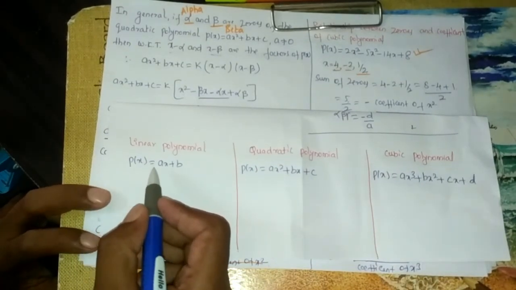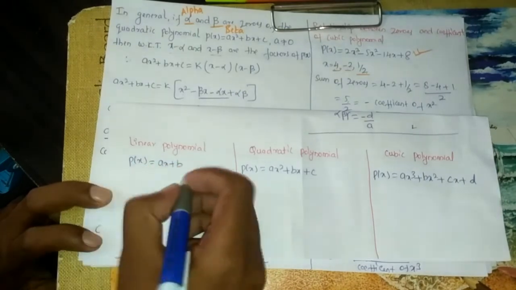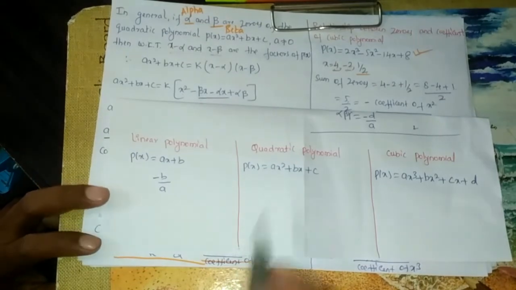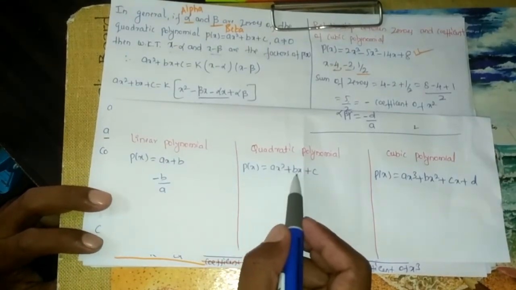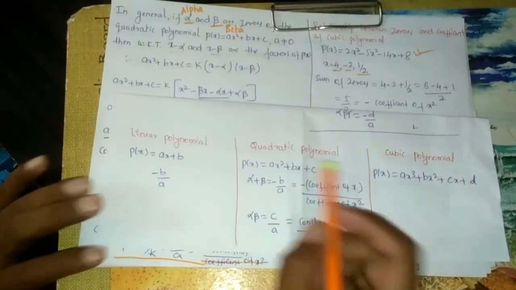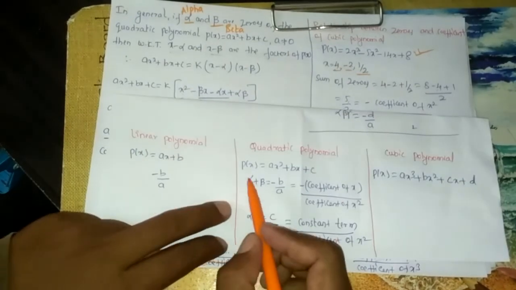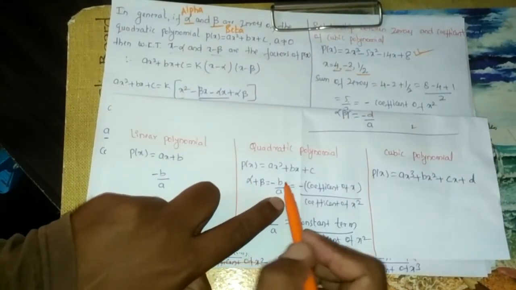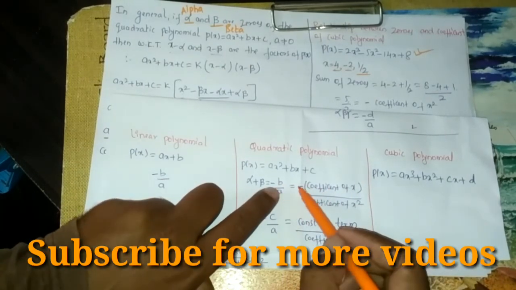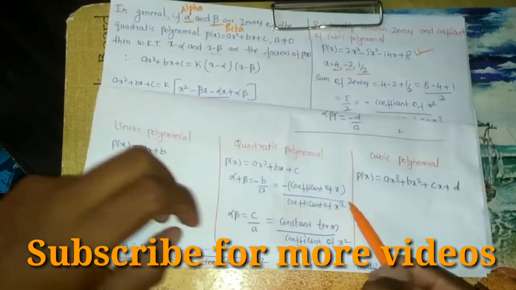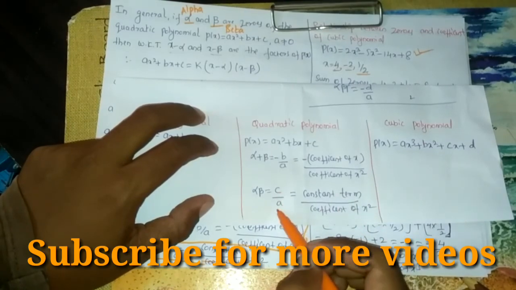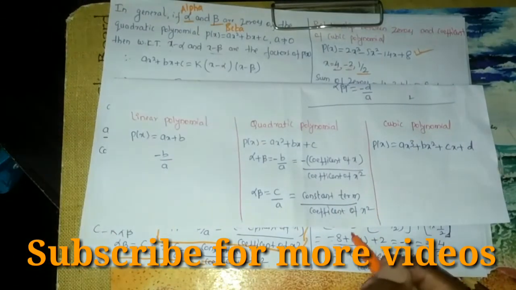For linear polynomial, we got minus b by a, and for quadratic polynomial, p of x equals ax square plus bx plus c, the sum of zeros is minus b by a, where b is coefficient of x, minus coefficient of x, and a is coefficient of x square, and product of zeros is given by c by a, where c is constant term and a is coefficient of x square.